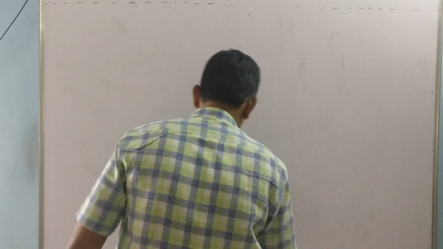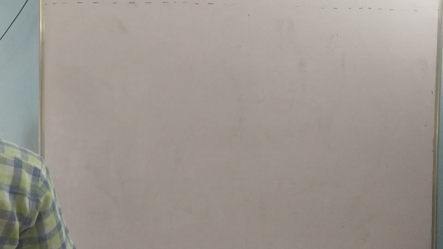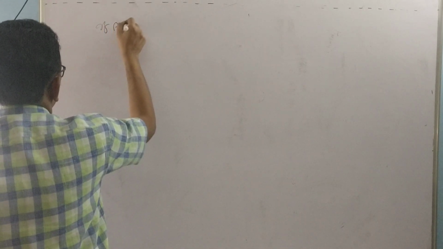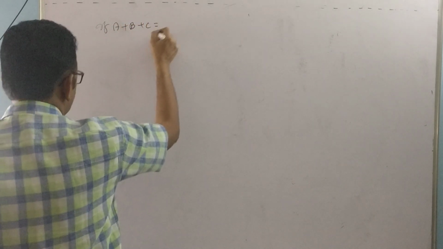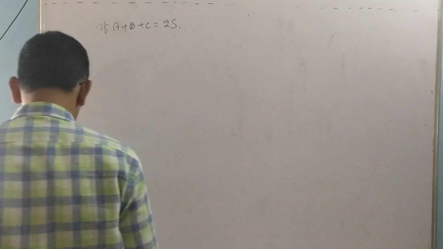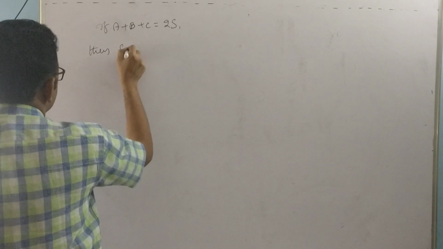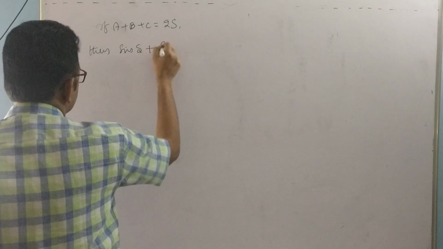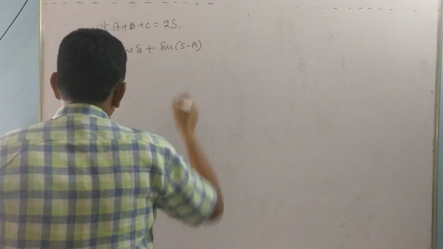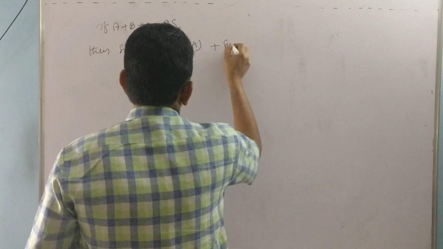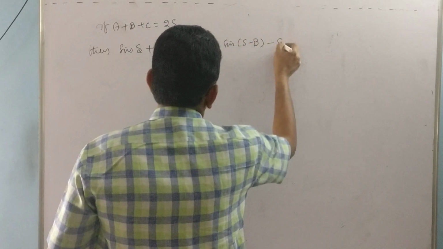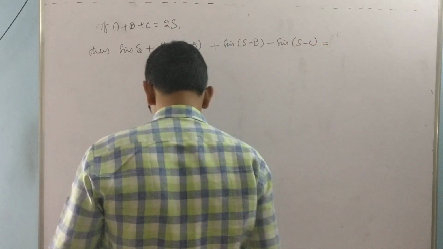Next one, if a plus b plus c is equal to 2s, then sin s plus sin of (s minus a) plus sin of (s minus b) minus sin of (s minus c) is equal to.